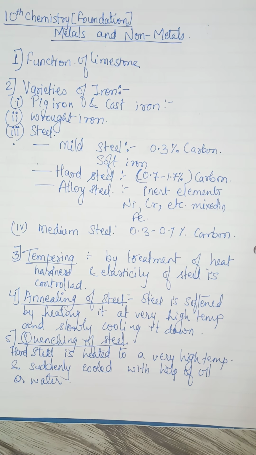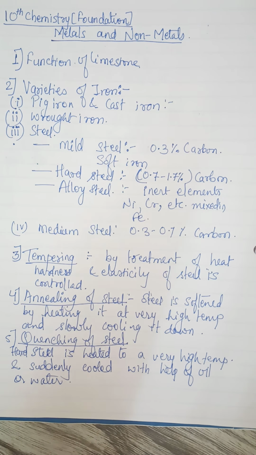Then we have also seen about rusting. Rusting of iron is nothing but an oxidation process. When the iron comes in contact with moisture, the iron reacts with oxygen forming rust, and this rust is the oxidation of iron, right?